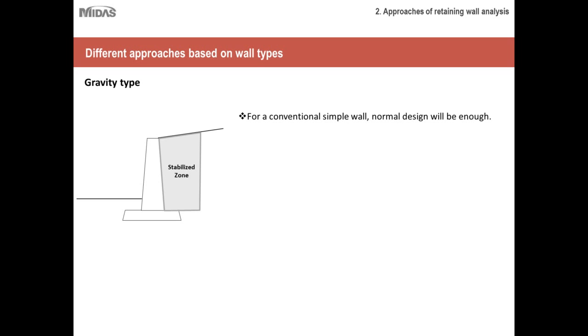So basically, for a conventional simple wall, normal design will be enough. And this is what we have been doing all this time. Whenever we come across a retaining wall, we start with these simple design procedures and extract what should be the design forces onto the members and just do the design.